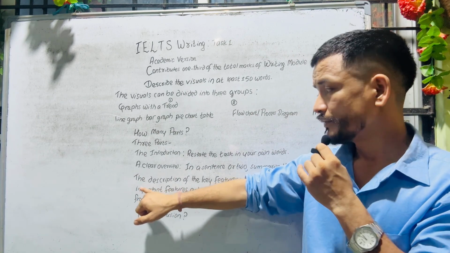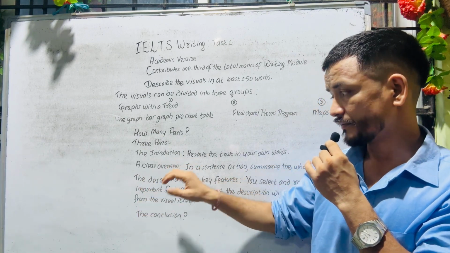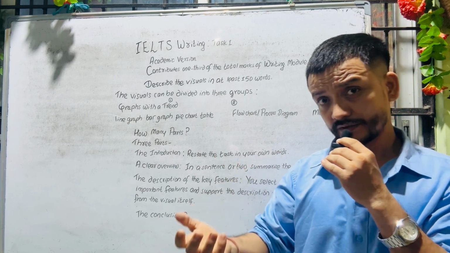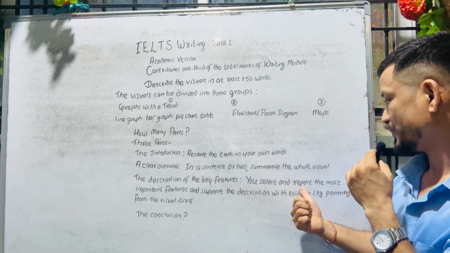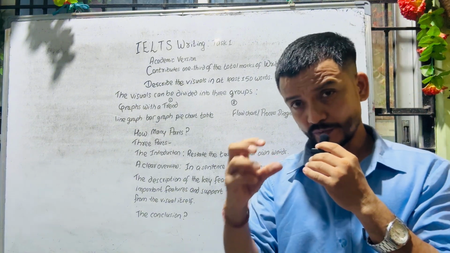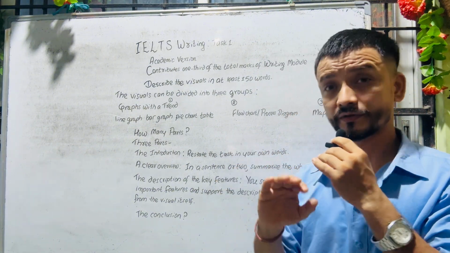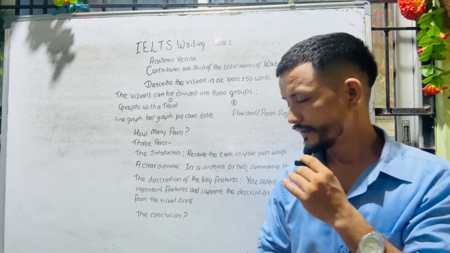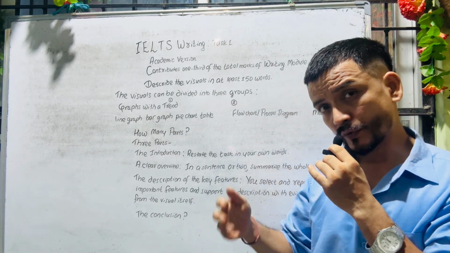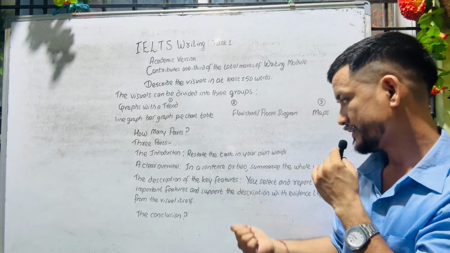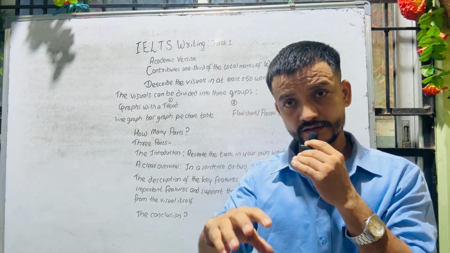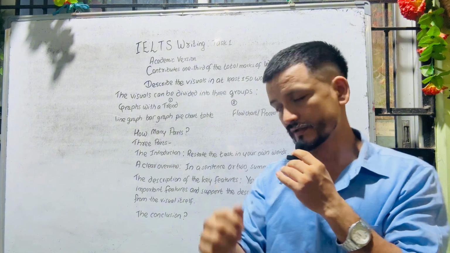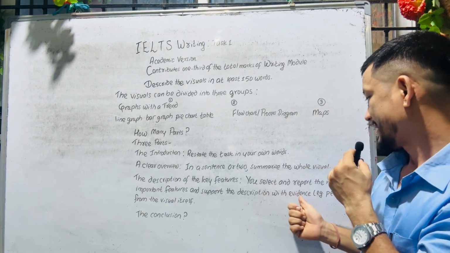After the overview, you write the body description, in which you select and report the most important features. Do not describe every detail, by the way. You select and report only the most important features and support the description of these features with evidence.